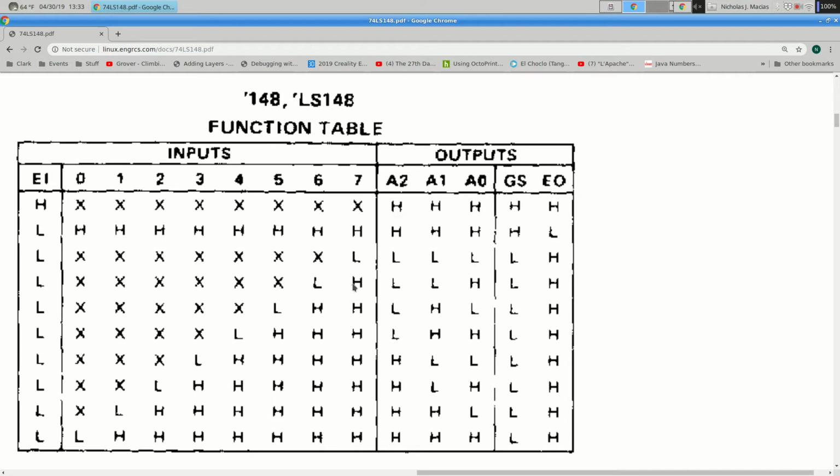If input 7 is not active, but input 6 is, it doesn't matter what happens on the other lower priority inputs, the output's going to say 6, which is low, low, high, and so on. All the way down to where nothing is requesting, nothing is happening except input 0, and so the output is 0, which is high, high, high.